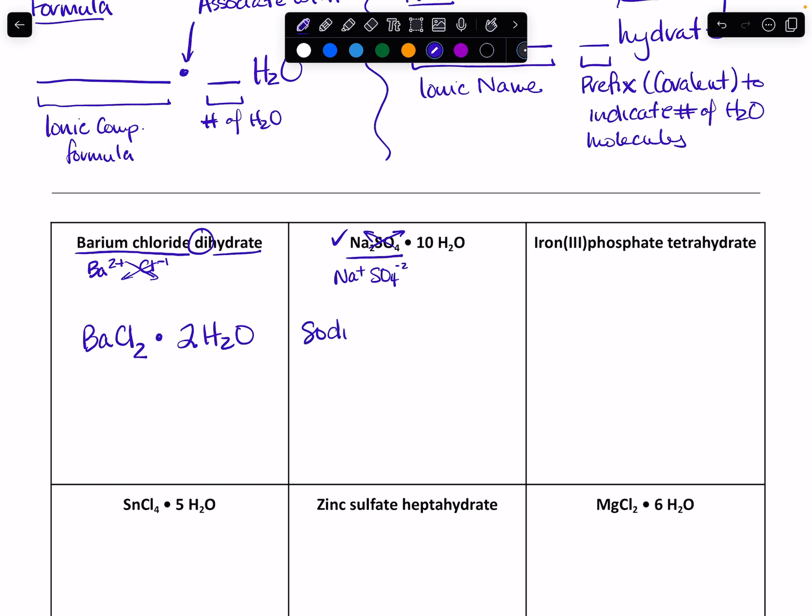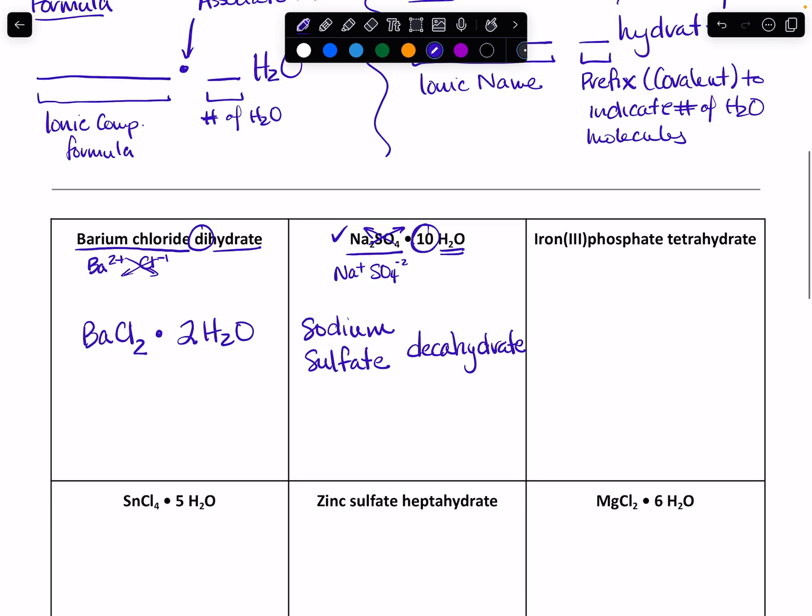I just write sodium sulfate, putting it on 2 lines to save room. No dot, what am I doing? Then I look at my second portion: 10 is deca, and H2O is hydrate, and that's one word, decahydrate. So this is sodium sulfate decahydrate.